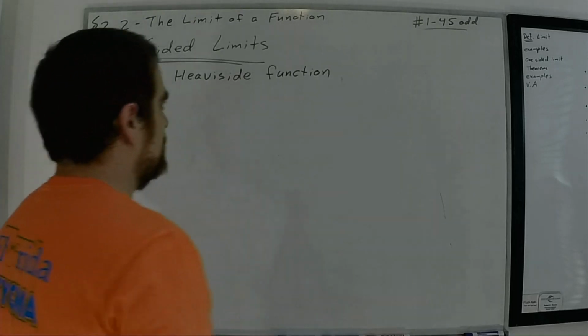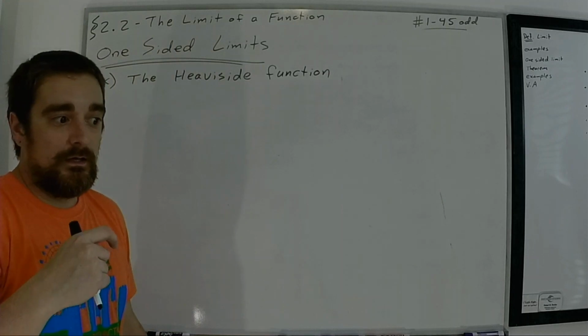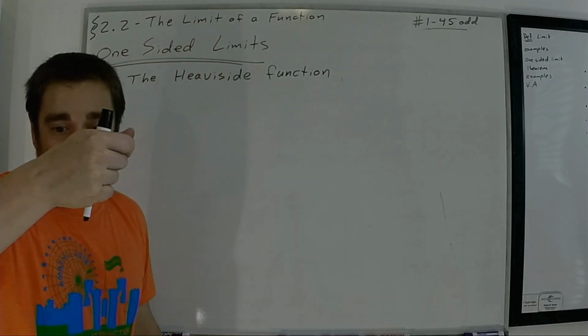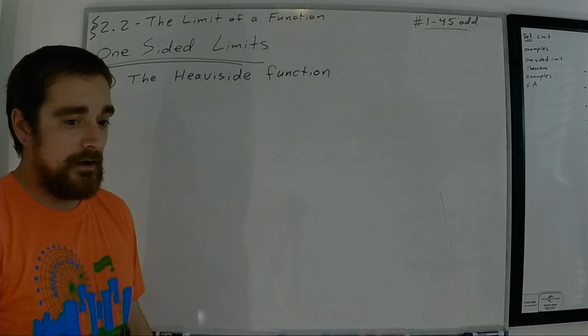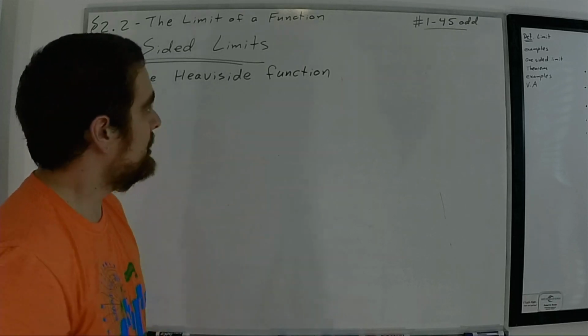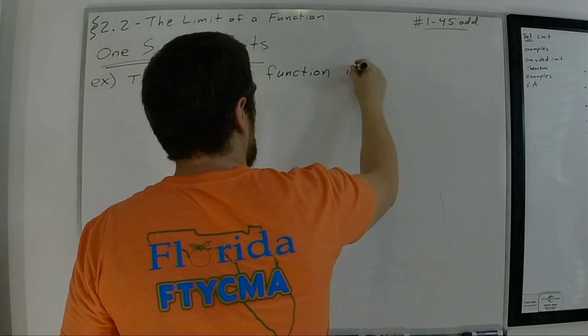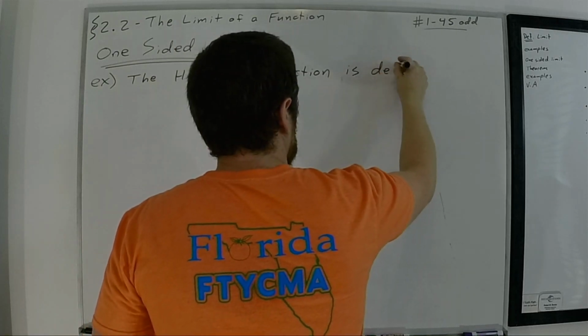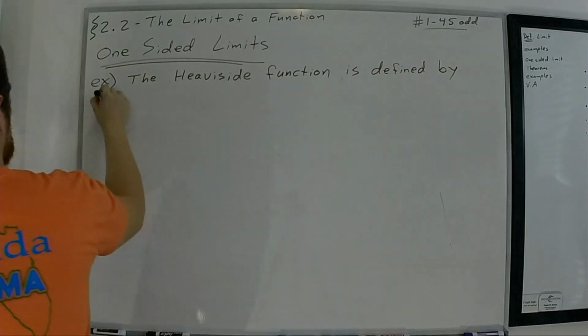But I think he was an electrical engineer that came up with this function, and essentially what it does is it mimics a light switch. It's off, its state is 0, it's on, it stays 1. And there's a specific time that happens when it goes from off to on. Right? So that's why he's popular for this function. And you'll see why in just a second.